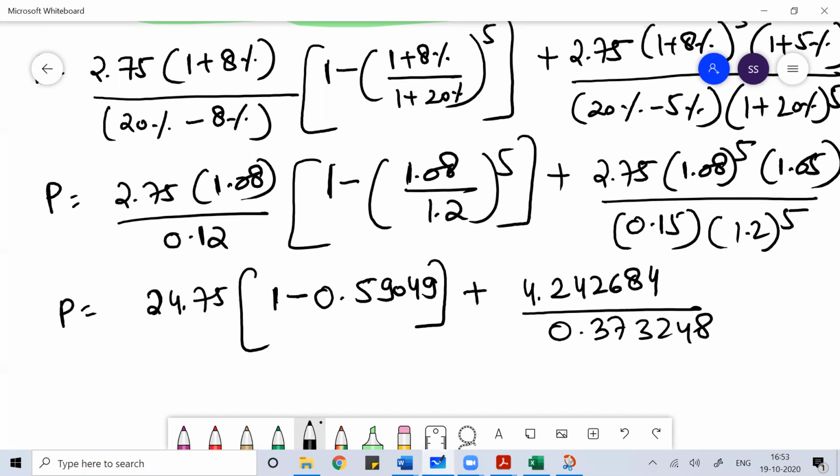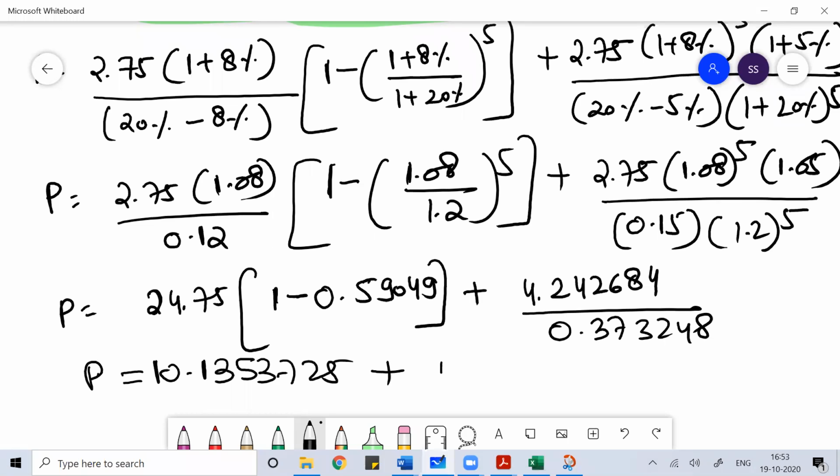1 minus 0.59049 into 24.75. So that is 10.1353725 plus 4.242684 divided by 0.373248.